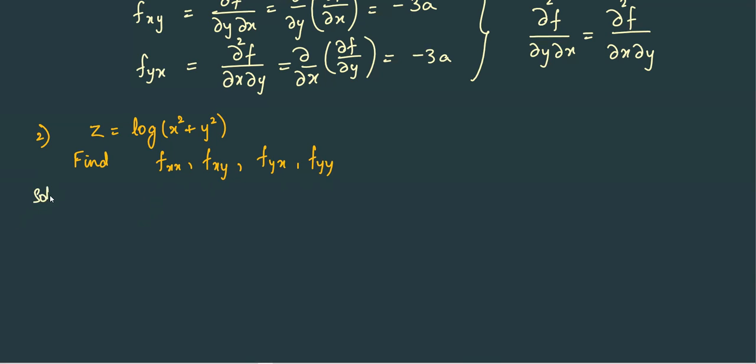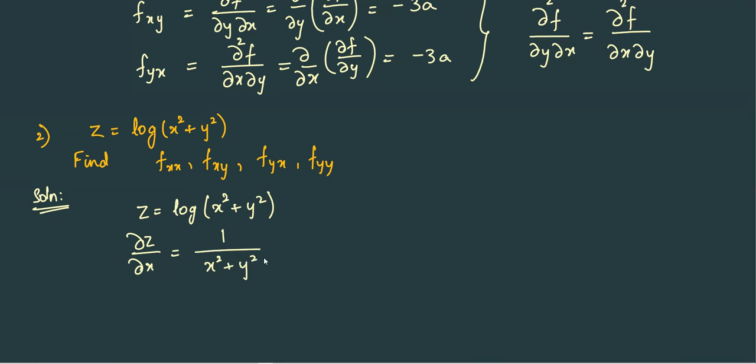So solution. z is log of x square plus y square. So dou z by dou x in this case will be 1 upon x square plus y square times 2x. So 2x upon x square plus y square.